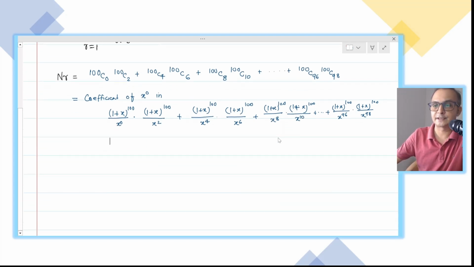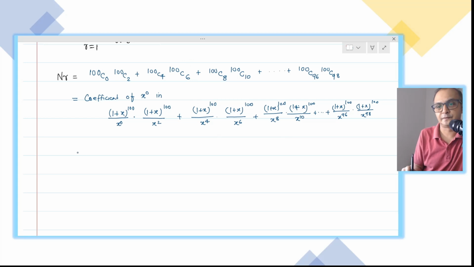But if you look at this expansion, you can realize that they are forming a GP, a geometric progression. How? I can take (1 + x)^100 and (1 + x)^100, and in each term I multiply them together, so that will give you (1 + x)^200.